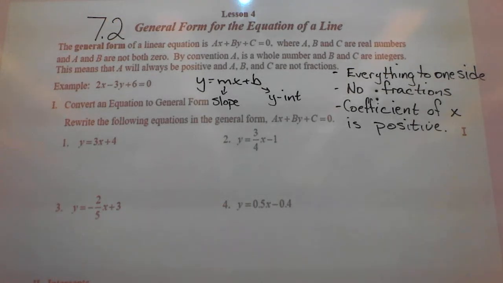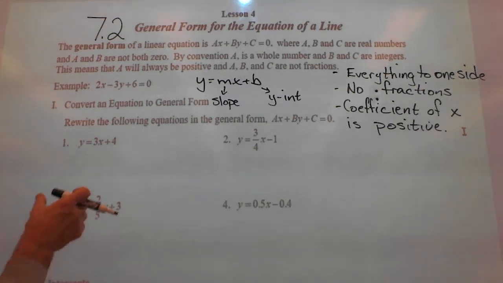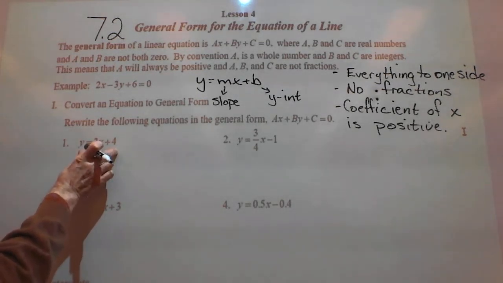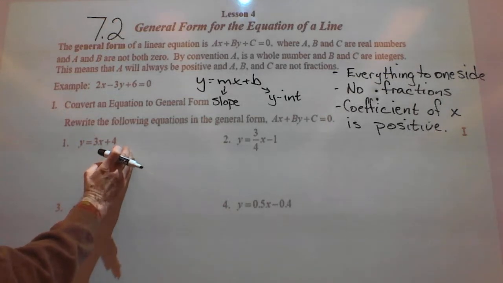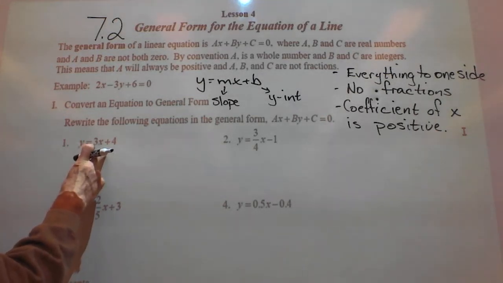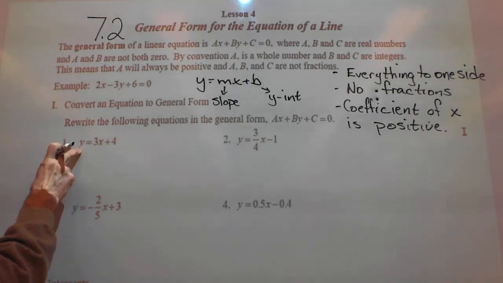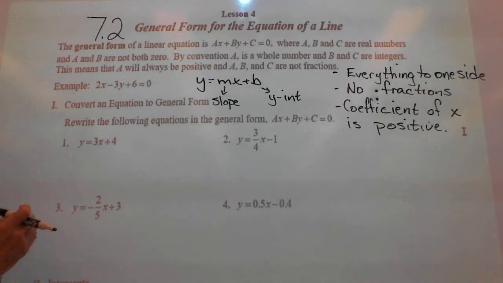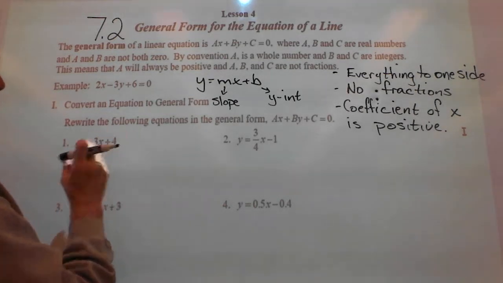First we'll do an easy one, and then we'll work on some somewhat nastier ones that have things like fractions and decimals. But if we want to rearrange this to get everything to one side, the easiest way to do it, because you only have the one term on the left, is we're going to move everything over to the right side.